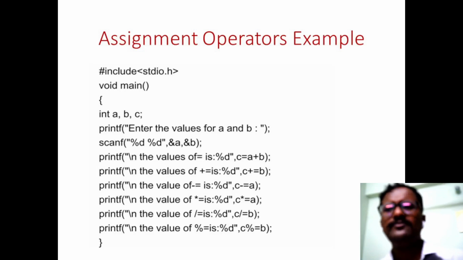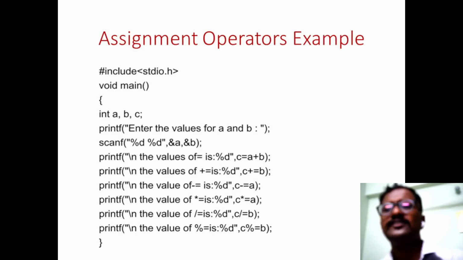Okay, next we are going to see subtraction. Printf the value of minus equal to is %d, c minus equal to a. This line subtracts the value of a from c and stores the result in c, equivalent to c equal to c minus a.